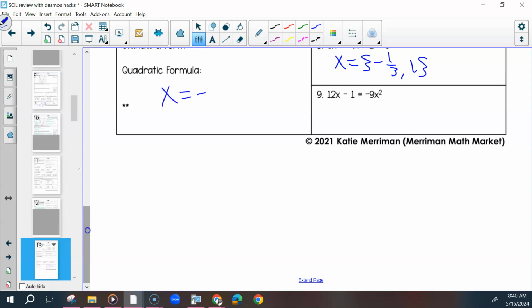This is not something you will need to remember. I would be able to recognize the quadratic equation in general, the standard form, because all of the pieces of the quadratic formula are going to be from that.